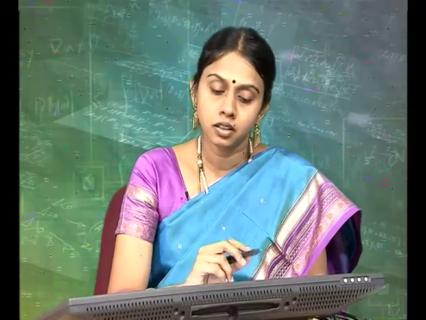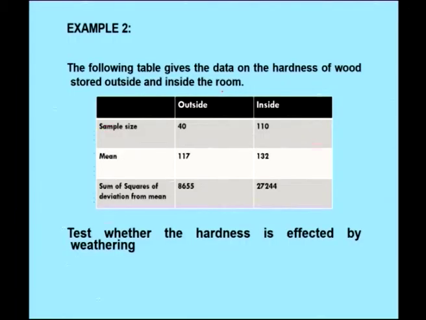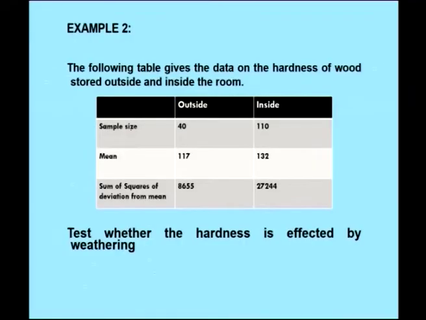One type of sample is the wood taken from outside the room and the wood taken from inside the room, because outside it will be affected by various factors like moisture, sunlight, rain; everything will affect the wood when it is kept outside. And inside we have to check what is the difference between outside wood and inside wood. So, that is what is given.